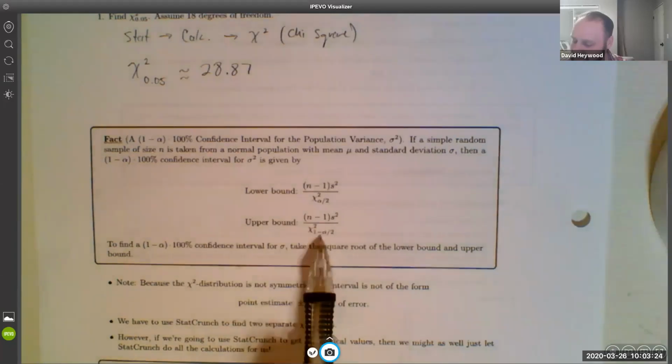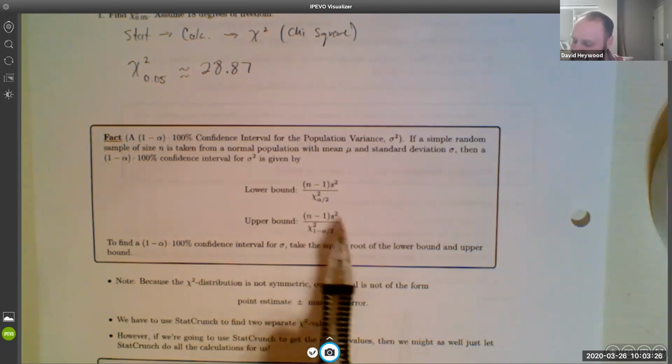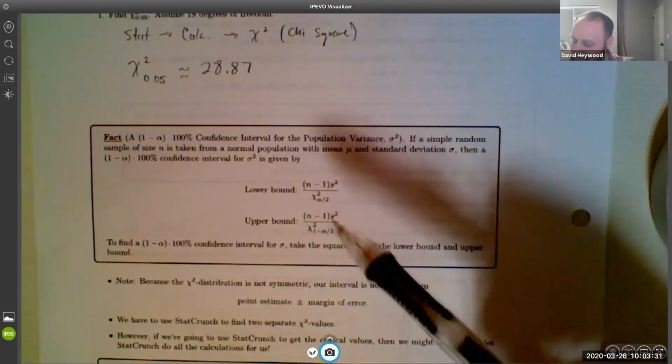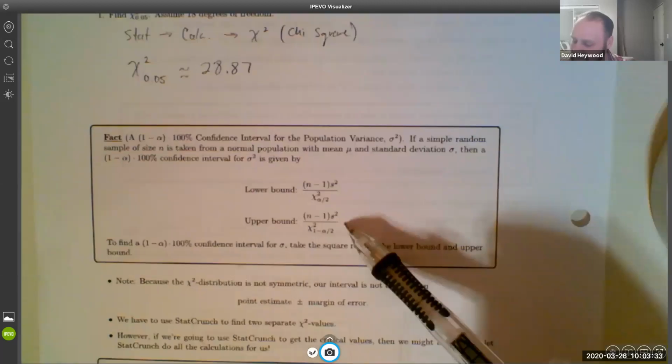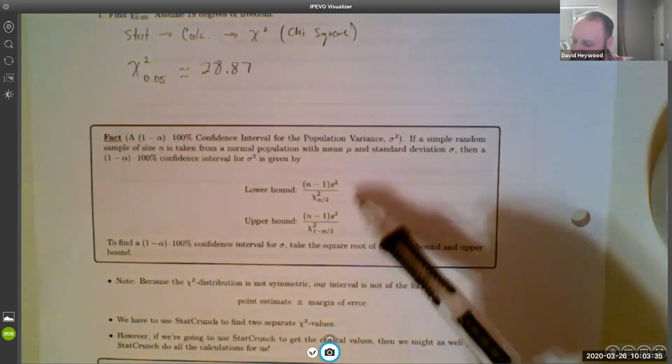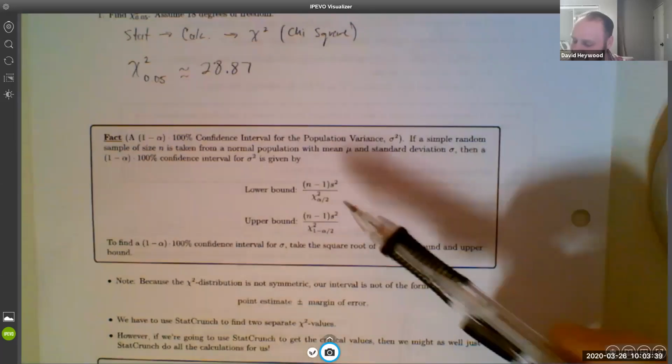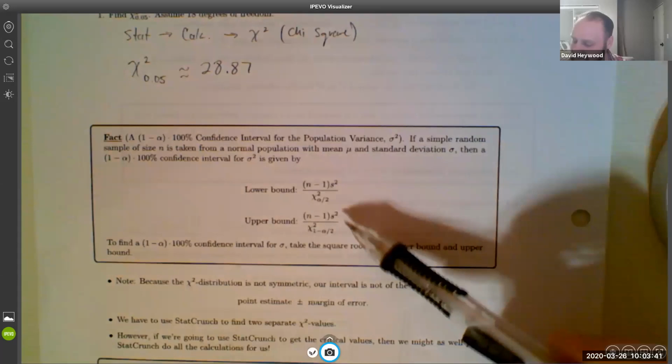Consequently, we have two slightly different formulas for the lower bound and for the upper bound. But actually they're not terribly complicated. You just need the sample variance, the sample size, and the critical value, and you plug in the numbers.